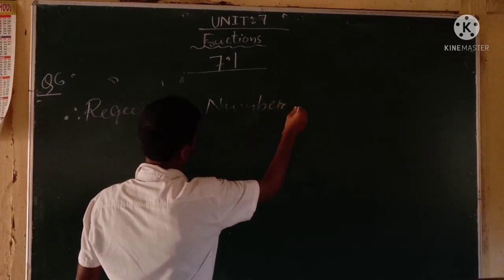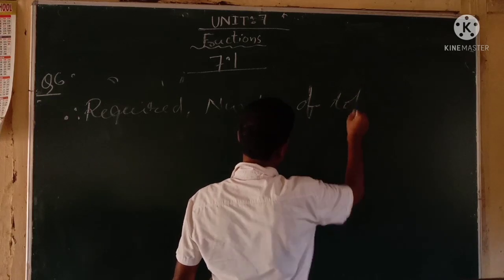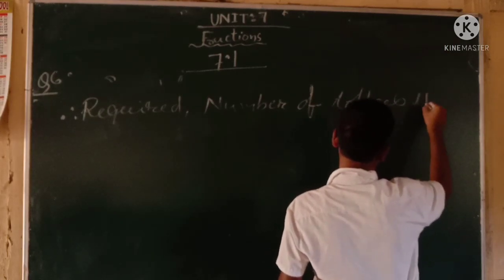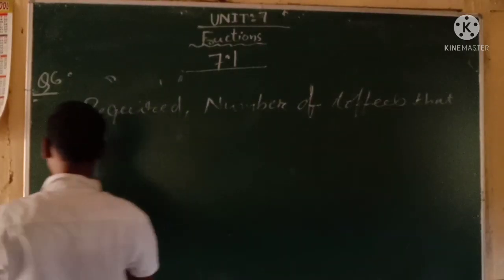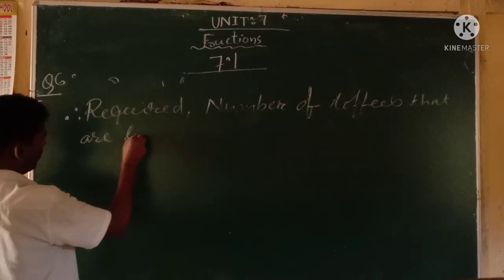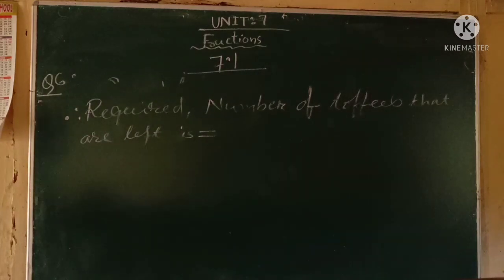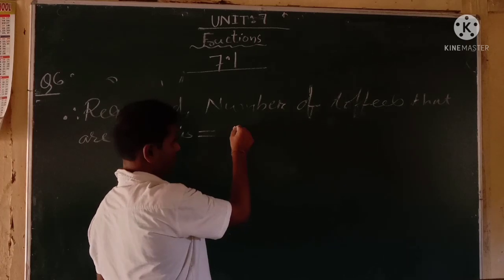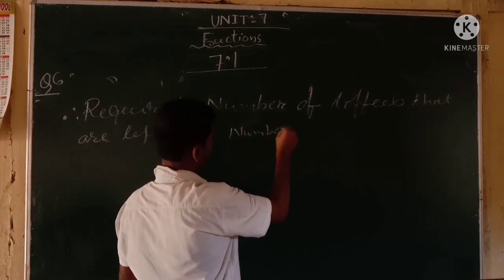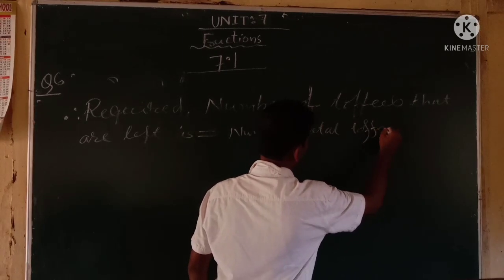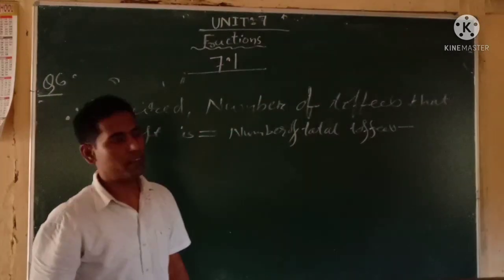Therefore, required number of toffees, number of toffees that are left is, required number of toffees that are left is number of total toffees minus number of toffees eaten by David.